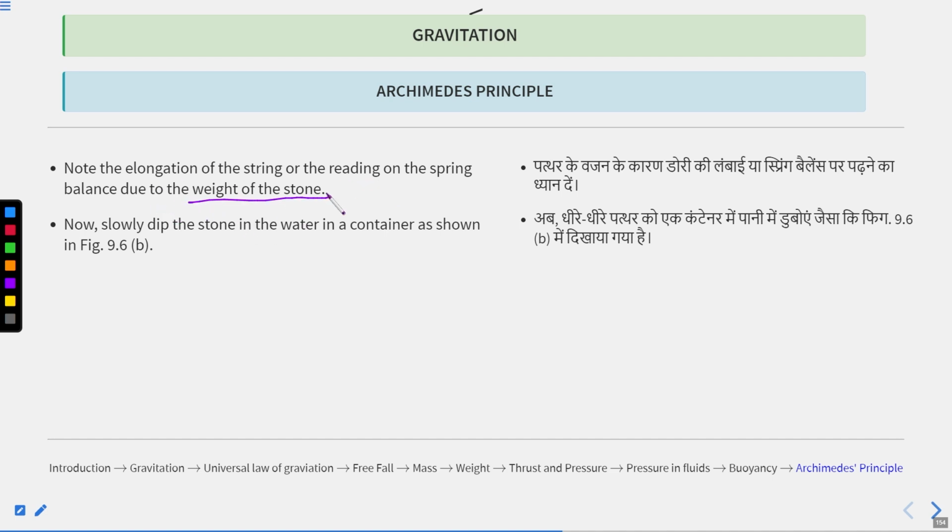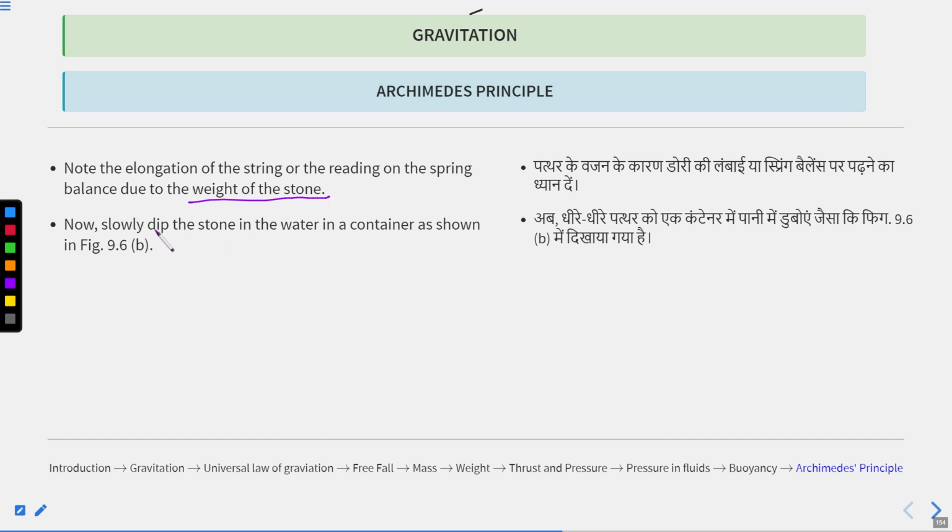What you are doing is this: this is your holder, and you have attached a spring or a rubber string, and you have attached a stone at the end of that string. You have to measure the elongation in the air, that is, how much that string has extended when you attached the stone.